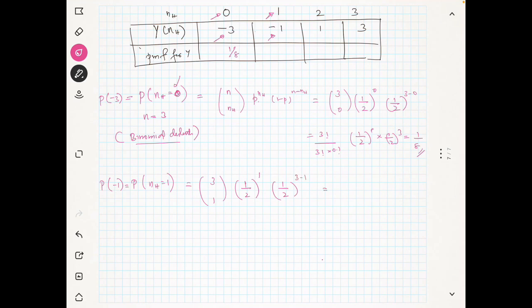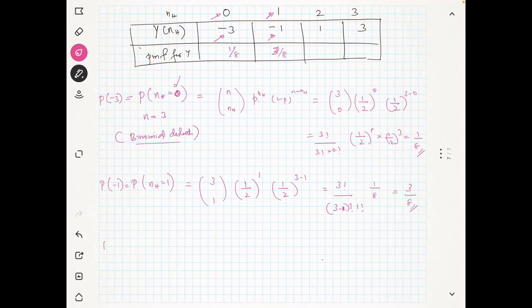Again this becomes 3 factorial divided by 3 minus 1 factorial into 1 factorial into 1 by 8, which is 3 by 8.